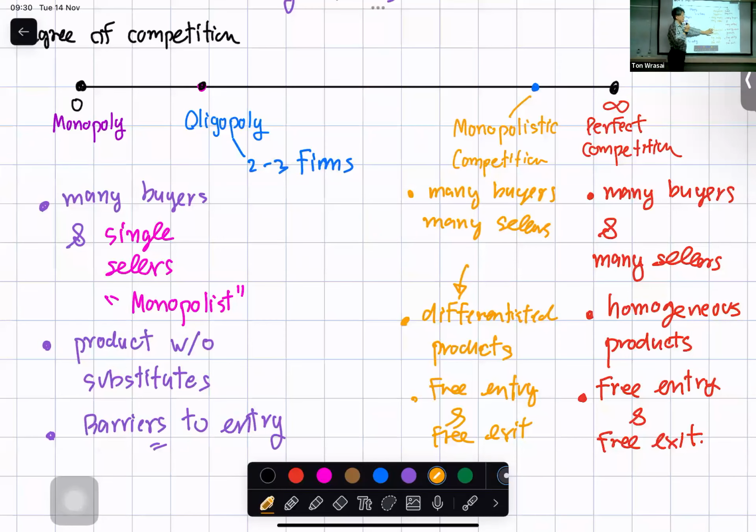But in monopolistic competition, the goods offered by firms are differentiated by packaging, by promotion, by several marketing techniques that try to convince customers that the product produced by a firm is different from the product produced by rival firms. Like Unilever try to convince that shampoo produced by Unilever is different from shampoo produced by Procter & Gamble, for example.